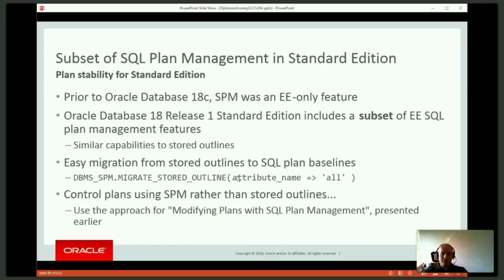You can also migrate from any stored outlines you have in standard edition to SQL plan baselines in standard edition as well.